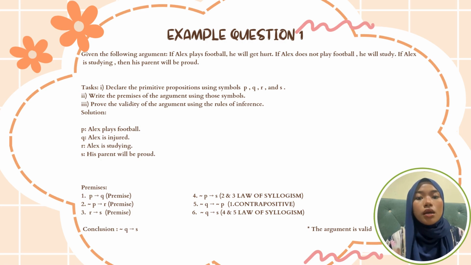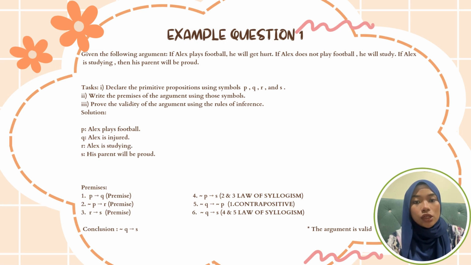So for the first step, we use the law of syllogism for premises 2 and 3. So we get the next step, which is negation P implies S. For the fifth one, we use the contrapositive method.